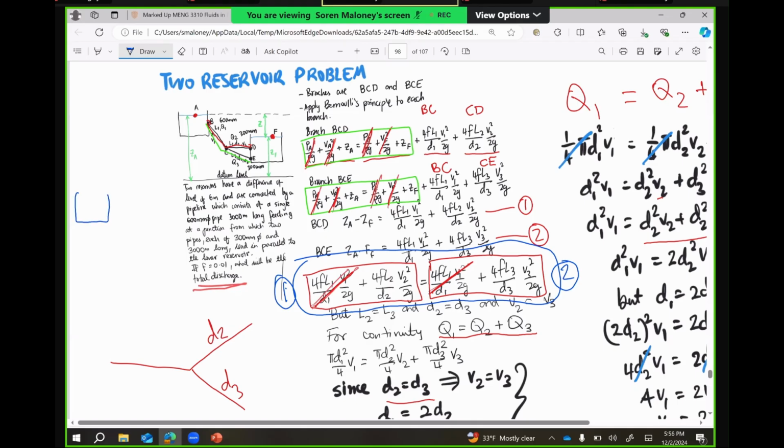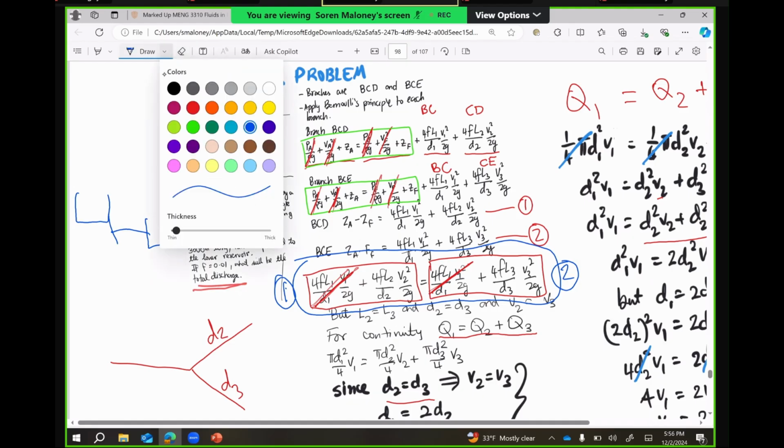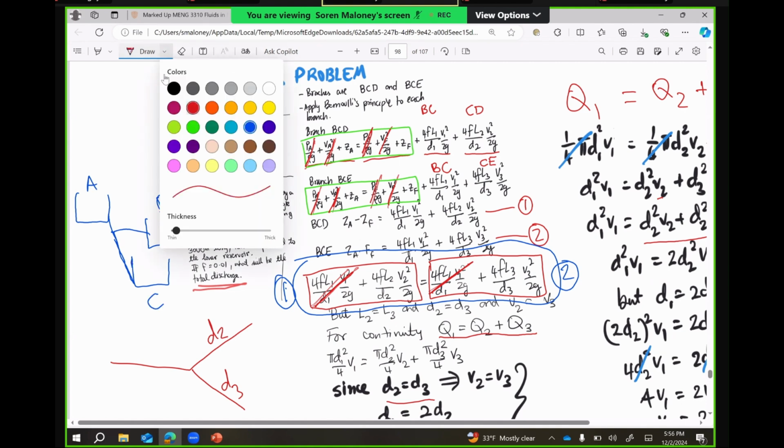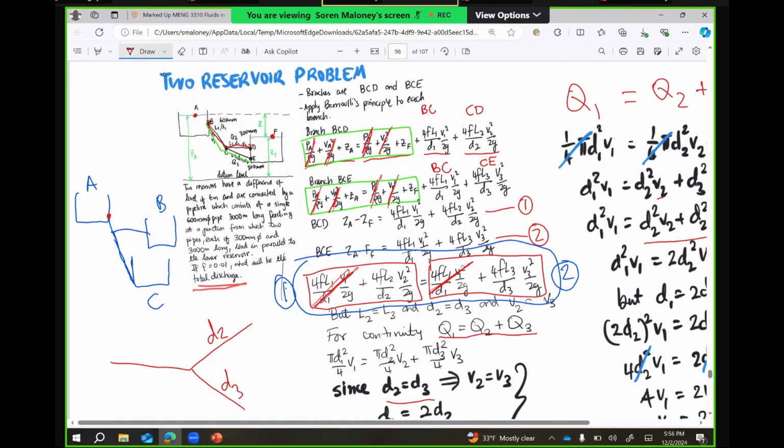Let's say I had something like this. And this is reservoir A, B, C. And I call this point 1, 2, 3, 4.